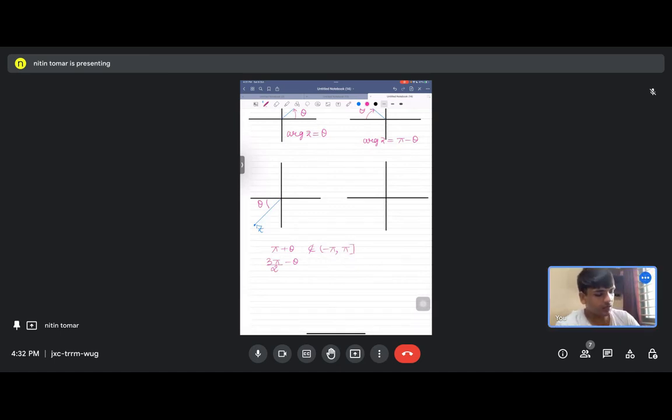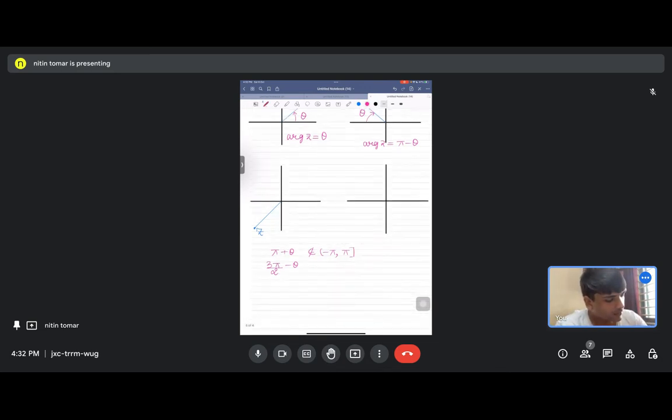Now, Darshana, I'll come to you. Now, here is minus pi. Let us see what I want to say first, then I'll come to Darshana. Darshana, how did you measure this?